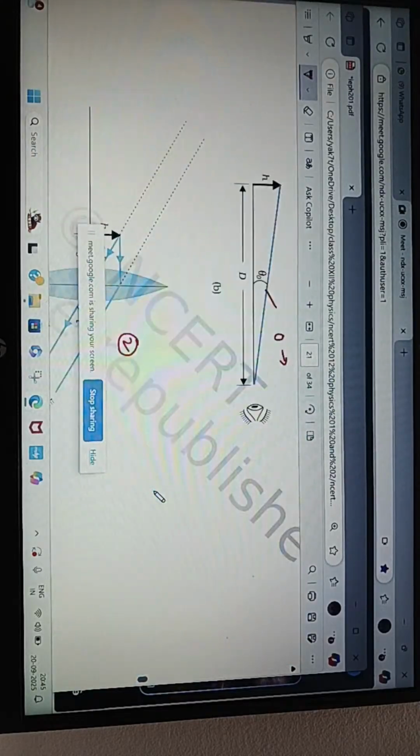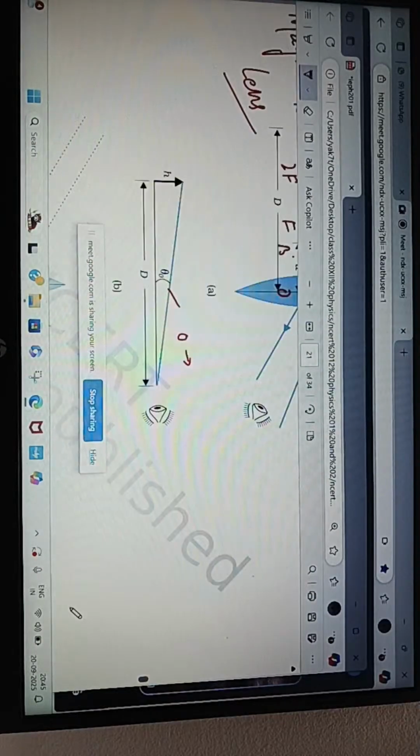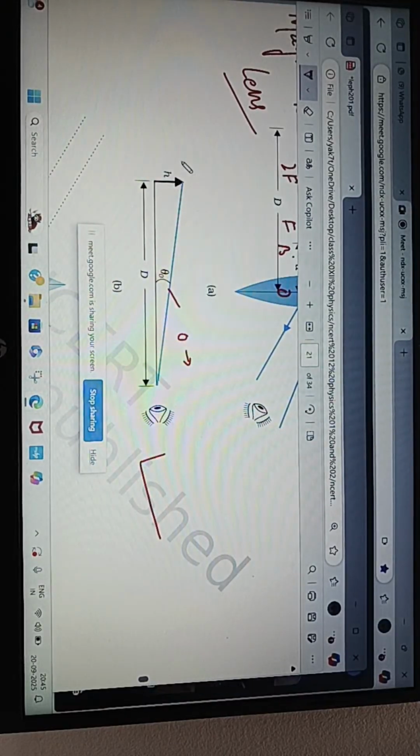Yes, sir. For theta 0 and theta I, theta I is given already. Where is theta I given? Theta zero is also given, sir. Theta 0, where is it given? Okay, these diagrams, you are clear? Yes, sir.